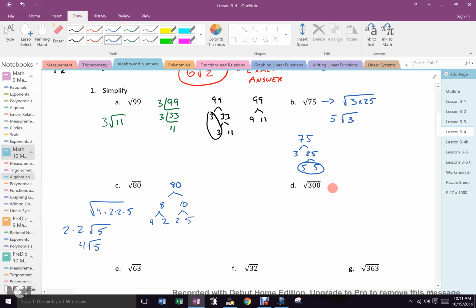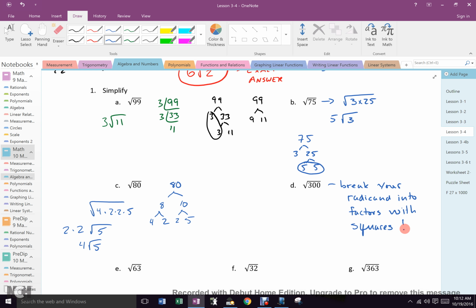So if you can break your radicand into factors with squares, you're in good shape, aren't you?